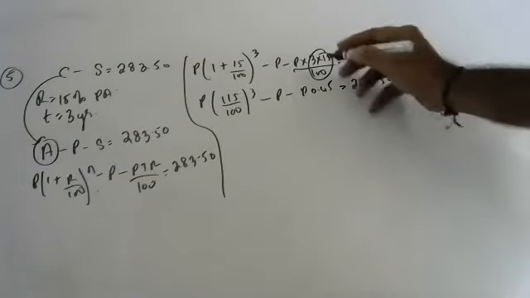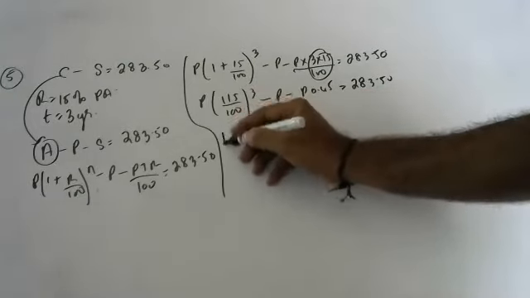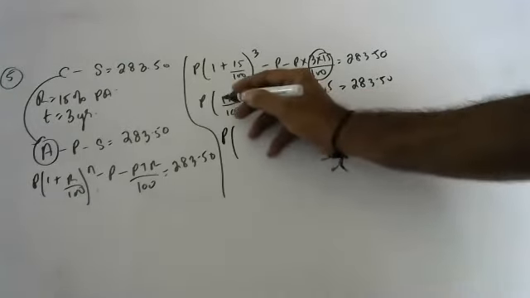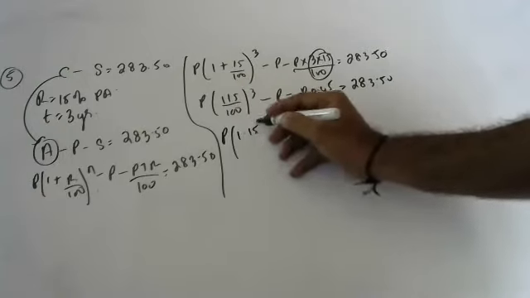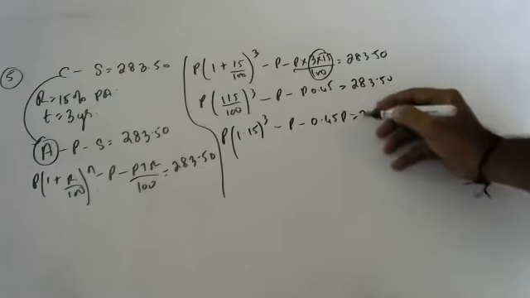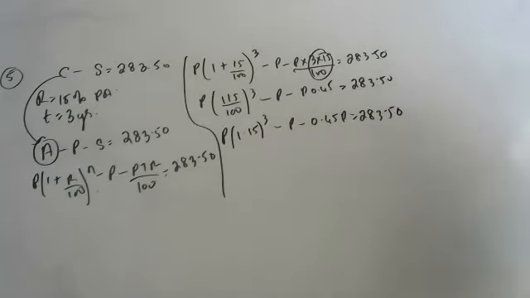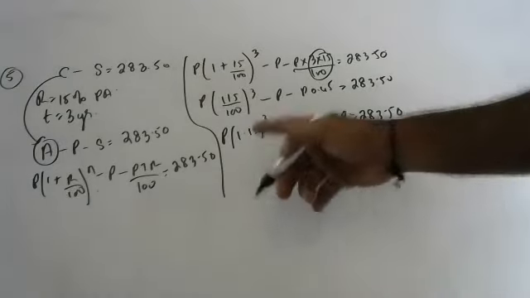Children, 45 by 100 is 0.45. And P into 1.15 whole cube minus P into 0.45 is equal to 283.5. Can anyone say 1.15 whole cube is how much, children? Anyone? 1.15 whole cube I want.